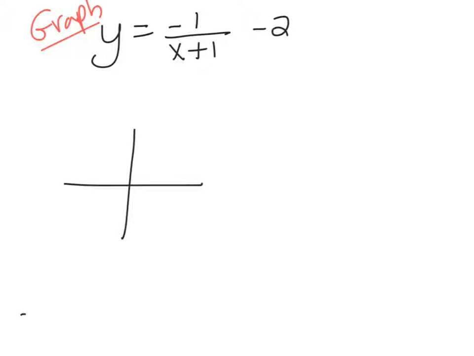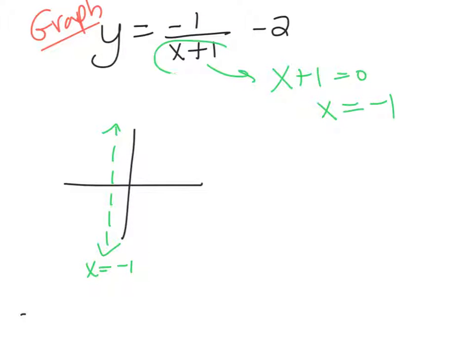As our last example, we are tasked with graphing -1 divided by x plus 1 and then subtracting 2. So here we're going to use our vertical asymptote as a start. We can see when would that denominator be equal to 0? Well, what value of x would make that happen? That would be -1. So we know our vertical asymptote will be at the x value of -1. We could also see this as a transformation. If I'm adding a number to x, I am actually moving our graph left 1.